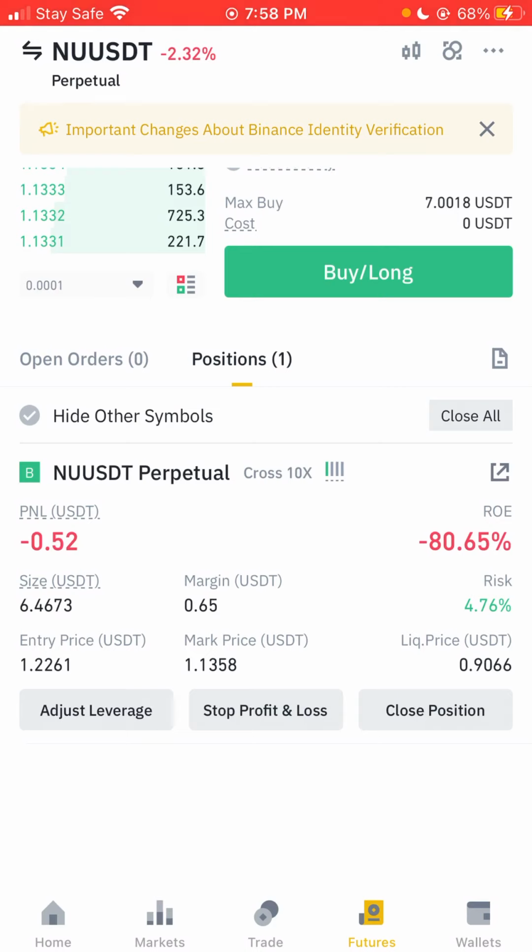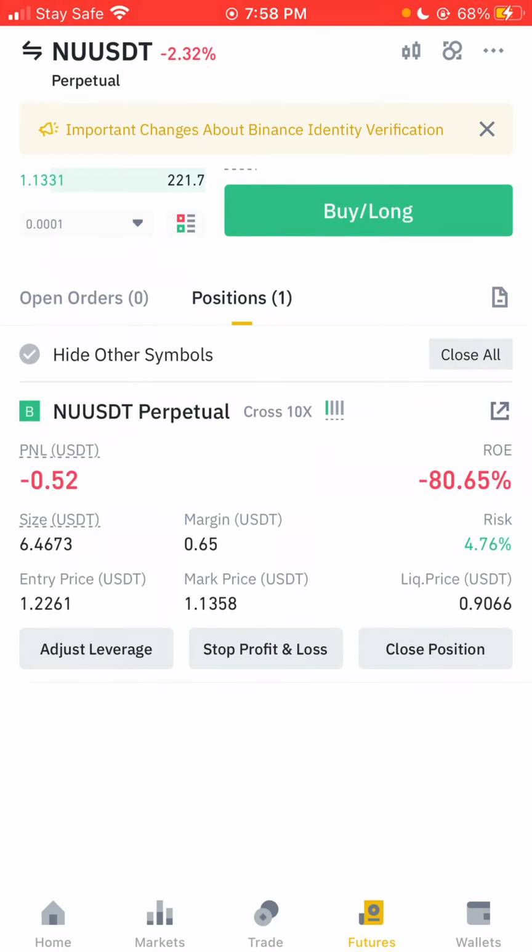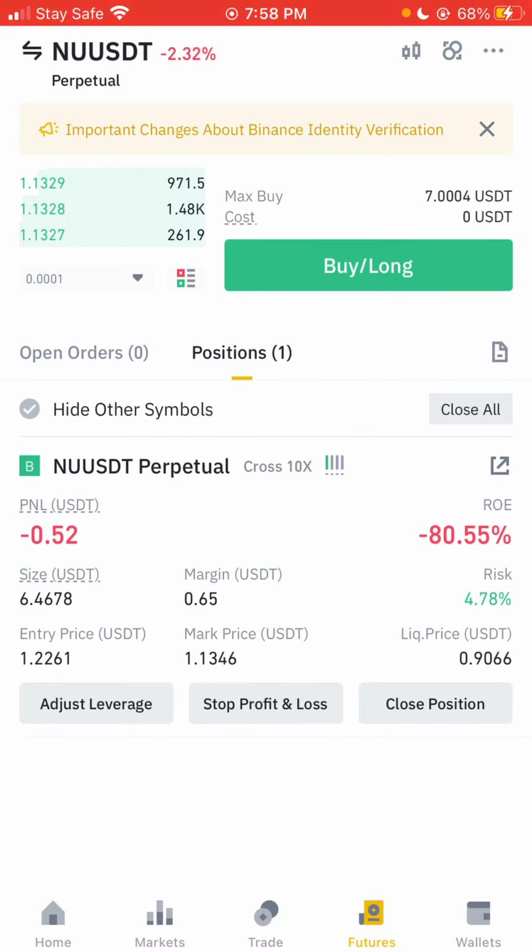If I go back to my chart now and I feel this has really gone against me, I can close my position. But if I still feel the market is still okay, or probably because of some spikes, I can leave it. I'm still good for that. But trust me, any trade you are placing and you're having minus 80%, it's not a trade though.